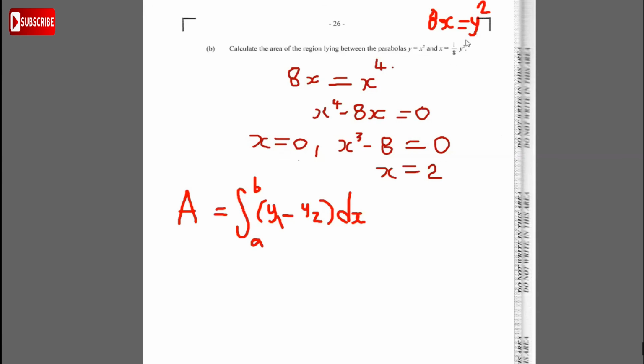Now in this one, y squared is 8x, so you can clearly see that y would be equal to the square root of 8x.